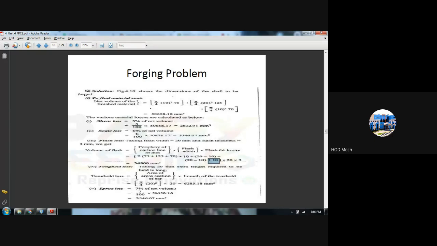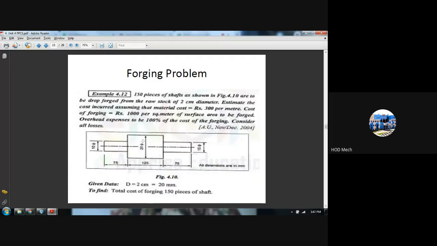Now come to this diagram. The total diameter is 20, but at this place the diameter is only 10. Total diameter is 20, but on either side it is only 10 diameter. So when calculating this portion, 20 minus 10 plus 20 minus 10.